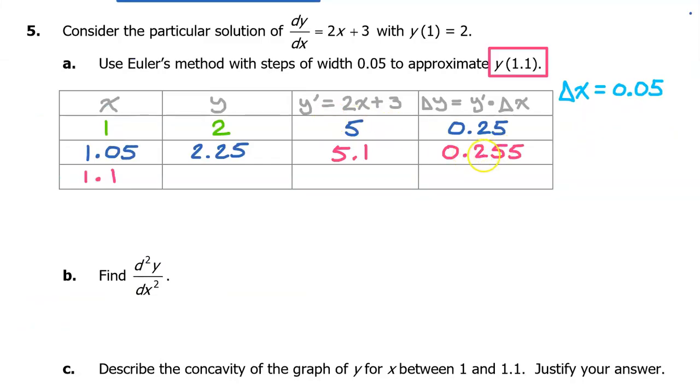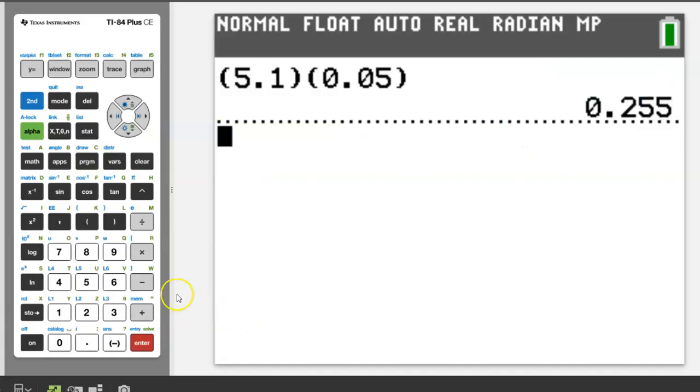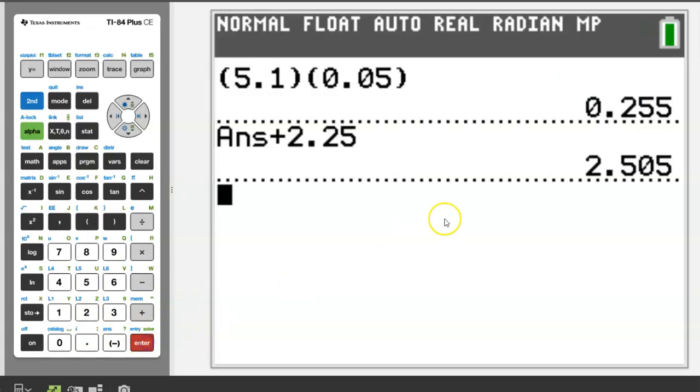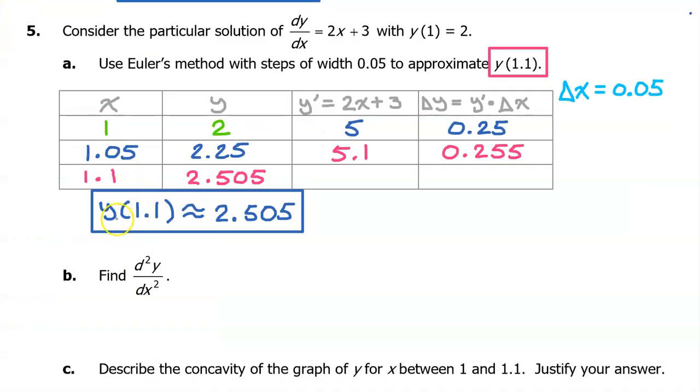This is the change in y, so we can find the next y value by adding delta y to the previous y value. 0.255 is already in the calculator, so I'm going to just add 2.25 plus 2.25. That's 2.505. So y at 1.1 is approximately 2.505.